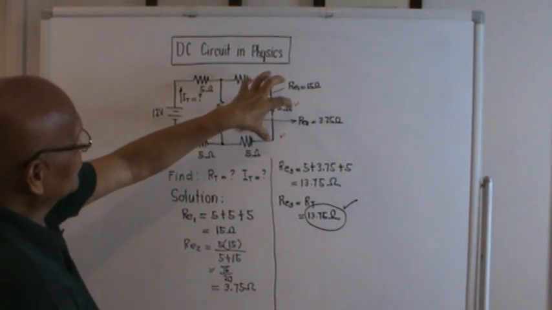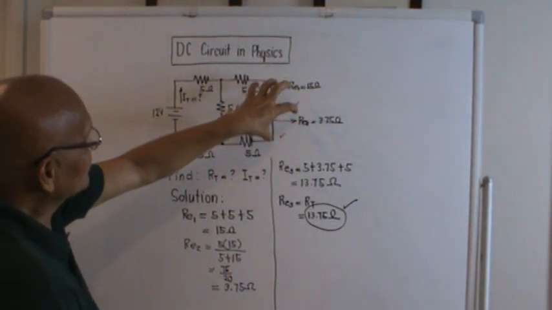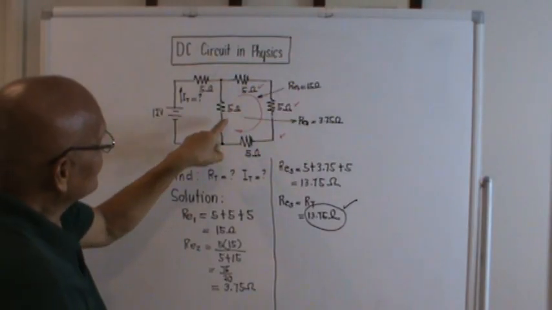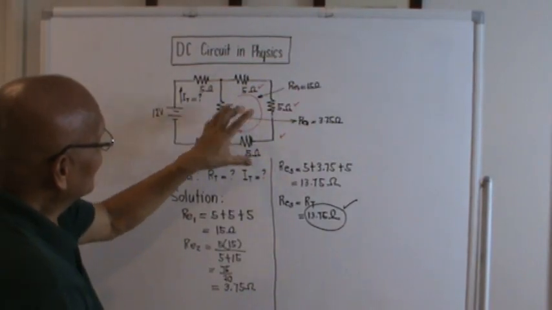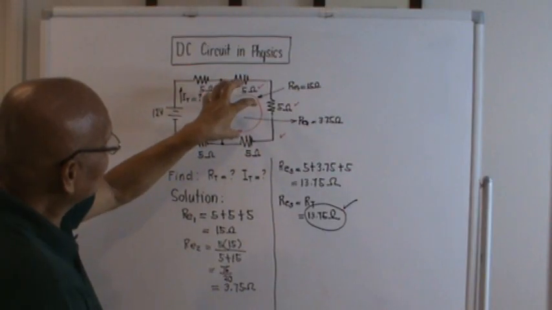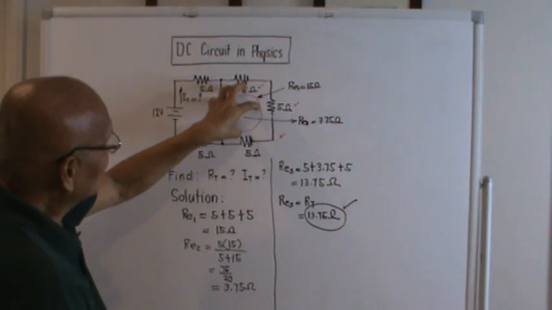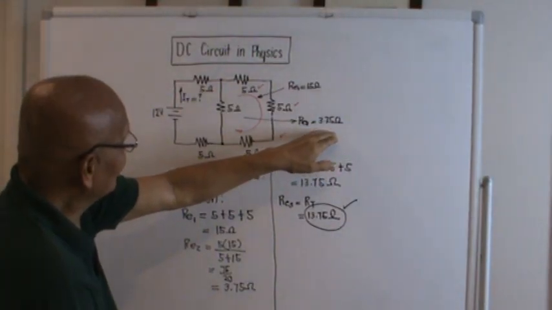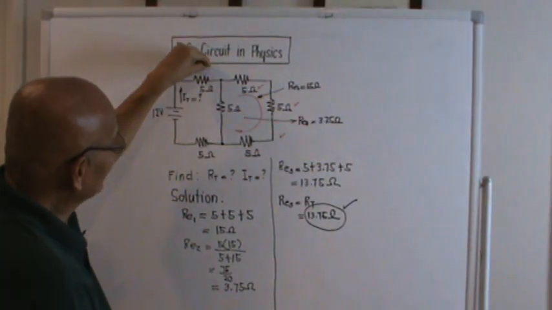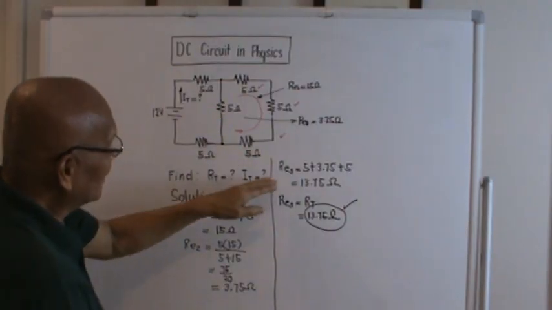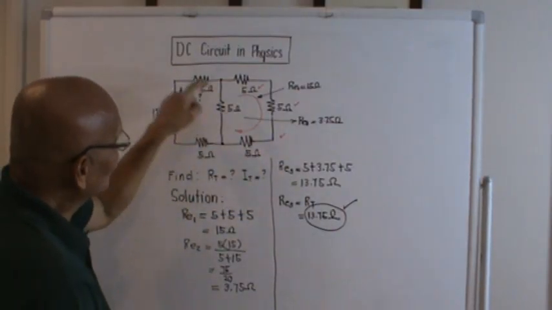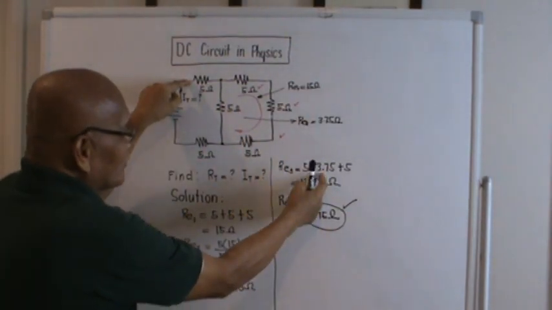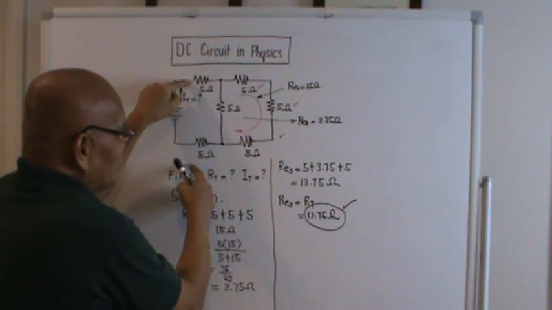We start with this tree here. Upon compressing this tree, this tree here is in parallel with this 5 ohm, and we took the single equivalent of the parallel portion, and what comes out is 3.75, and this 3.75 will be in series with this, and so with this. So that's why, like what I said, RE3 will be 5 plus the single equivalent of this, which is 3.75 plus 5.